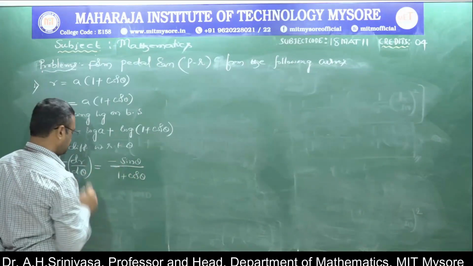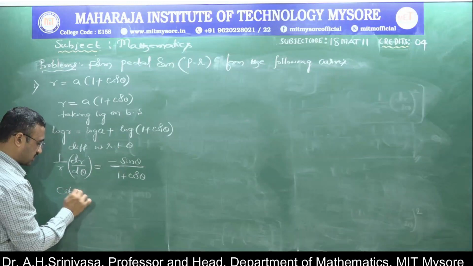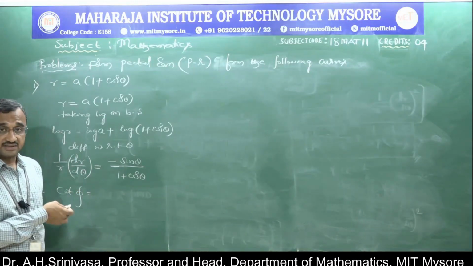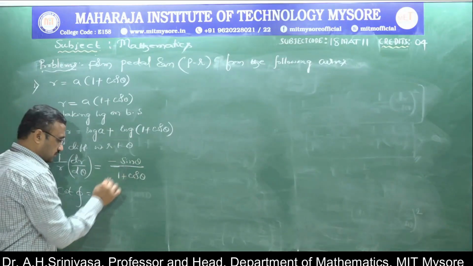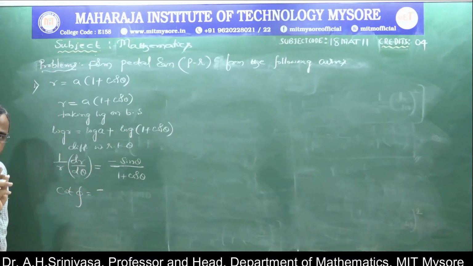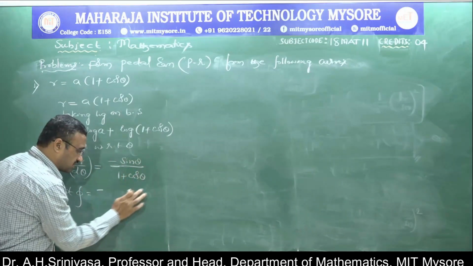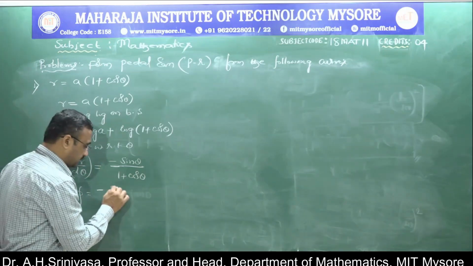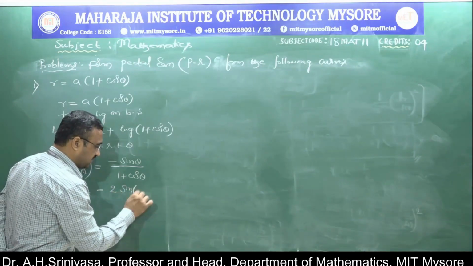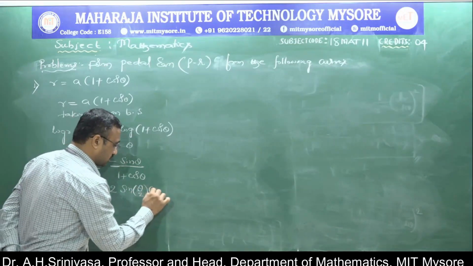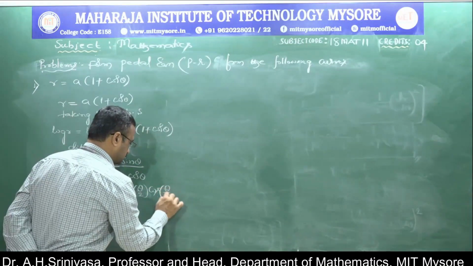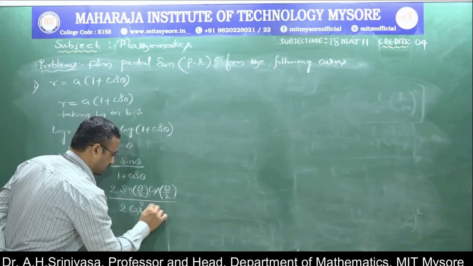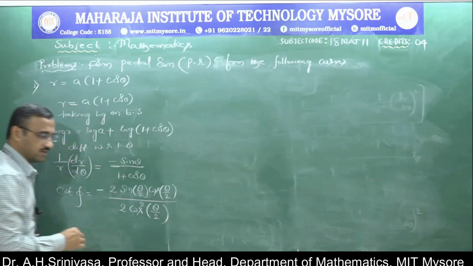Now we can write this as cot phi, because this is the angle between the radius vector and the tangent, it is cot phi. Then I am going to extract the value of phi. I am going to reduce this function in terms of cot or maybe tan. So use the formula, the trigonometric ratio in half angle: sin theta by 2 into cos theta by 2, then the whole divided by 2 times cos square theta by 2, use the formula.